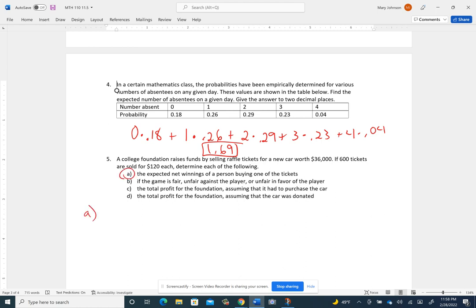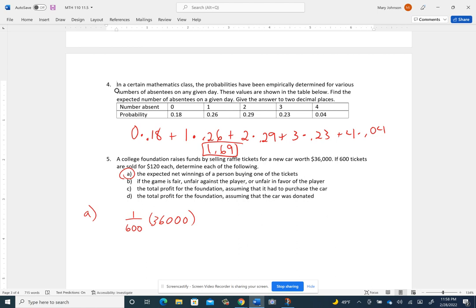Expected winnings of a person buying one of the tickets. So we bought one ticket. There are 600 sold, so the probability that we win is 1 out of 600. And the value of what we win in this case would be $36,000.